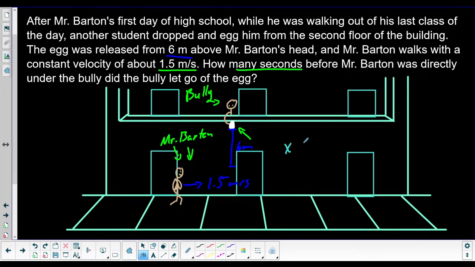And what we want is x egg to equal x Barton. We'll just put B for Barton. Y egg equals y Barton. Okay, so let's set up some physics equations, right?